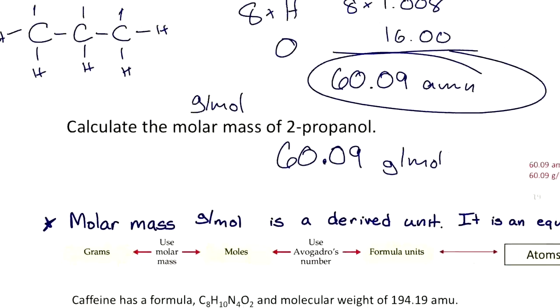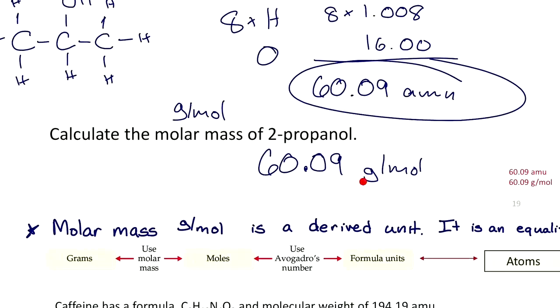So what does it mean? 60.09 grams per mole. How could we rewrite that as an equality that's useful to us? It means that the top unit gets the number. So if I have a sample of 2-propanol, 60.09 grams of propanol is equal to 1 mole of propanol.